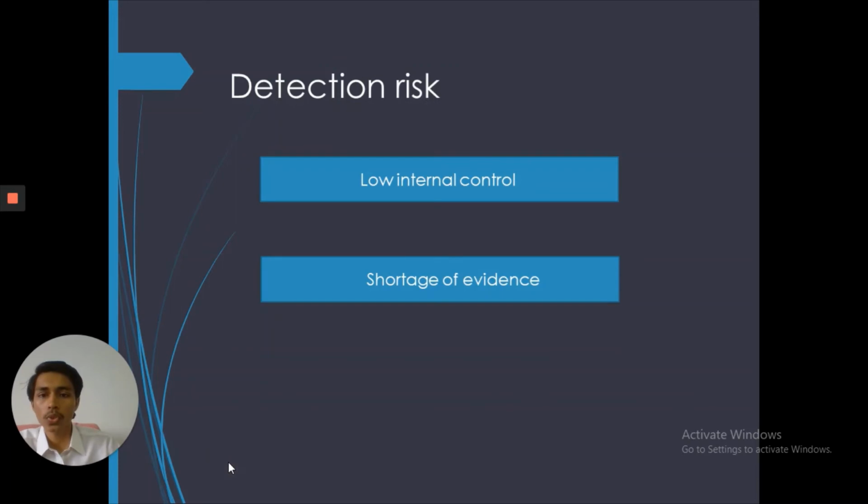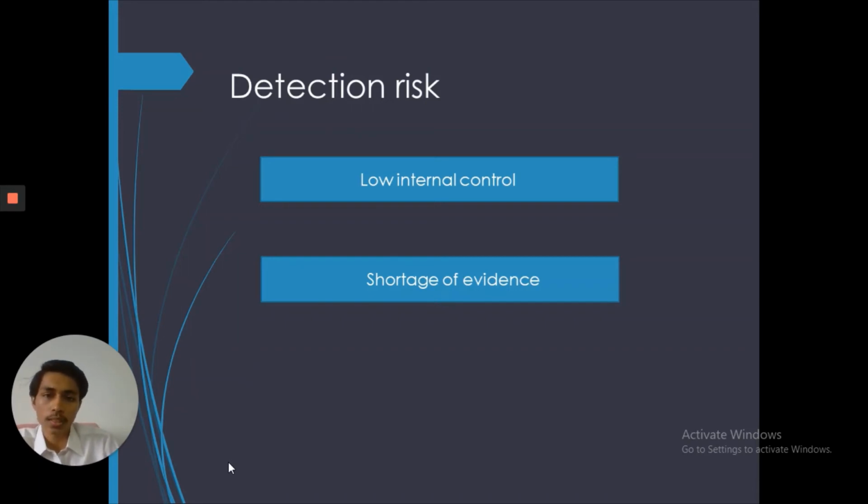Now I am going to talk about the detection risk. In this case, the detection risk is quite low because the internal control risk is quite high, because they do not have good internal control.